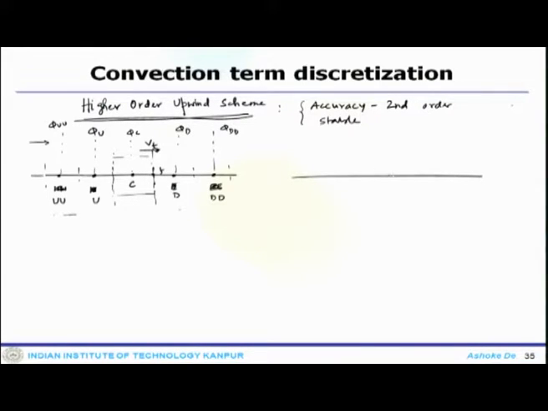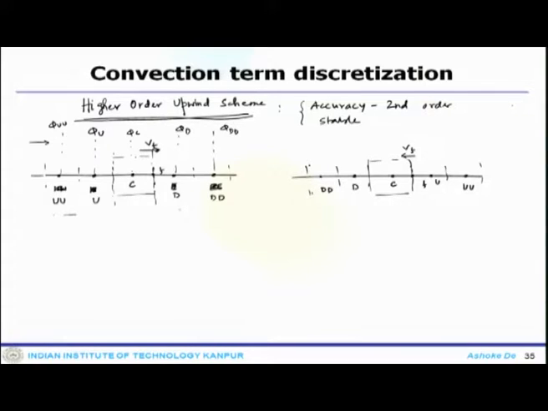So, this is our C, and if you have an element like that, and let us say at this element face the flow field goes in this direction, the Vf is in this direction, then this is the cell face and it goes in this direction, this is D, this is upstream of that, this would be the upstream, this will be the downstream.